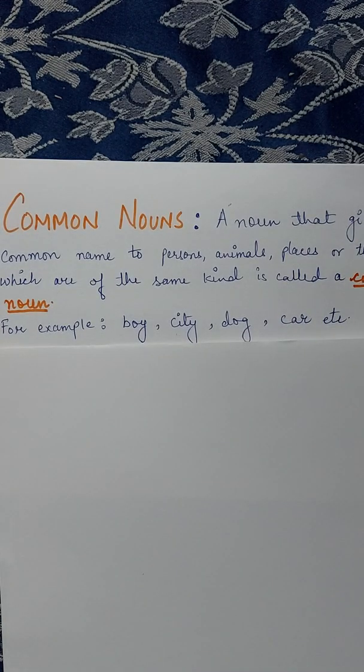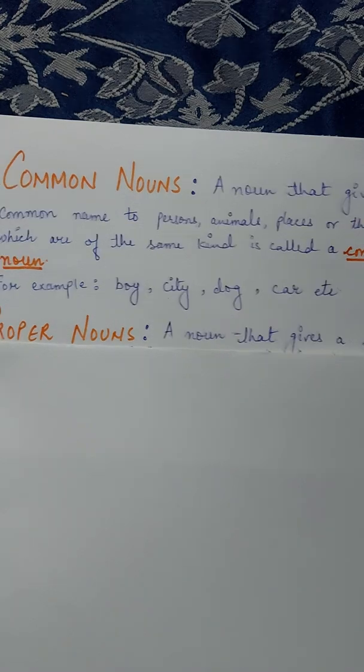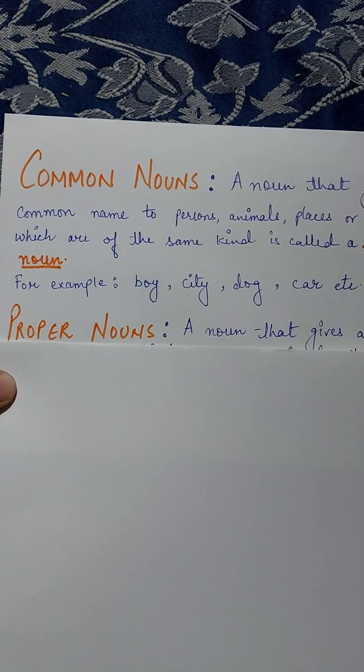But children, when we give a special name to a particular person, animal, place or thing, then it is called what? Then it is called a proper noun. So, what are proper nouns?